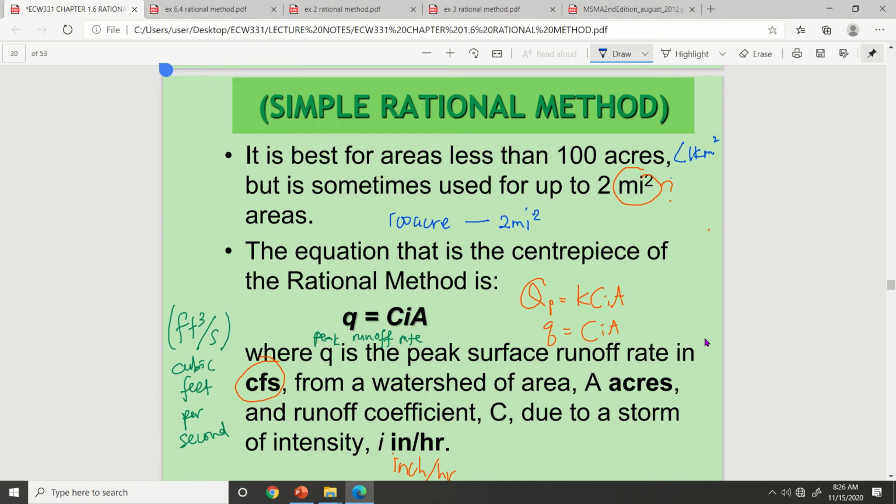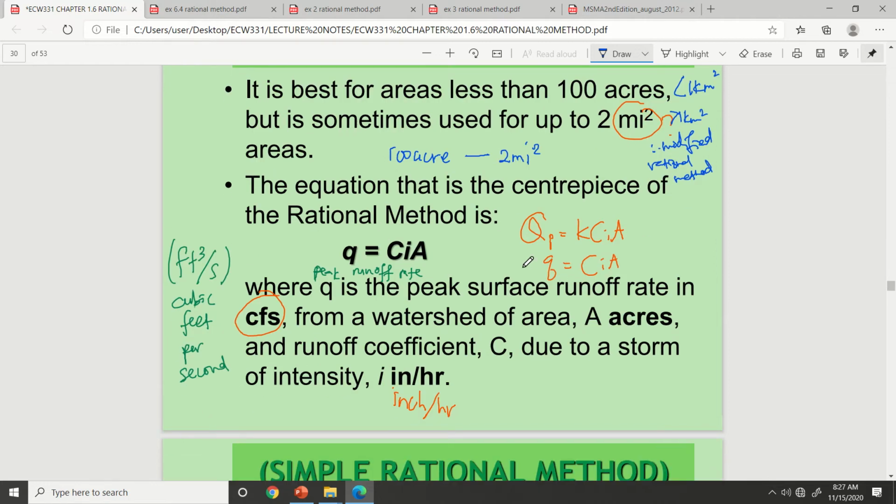If greater than 1 kilometer squared, you have to use a modified rational method. We will go through this modified rational method later. So 100 acre is alright, but sometimes it is used up to 2 miles squared.